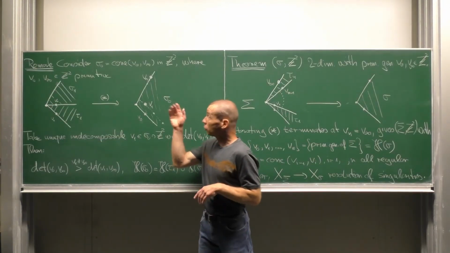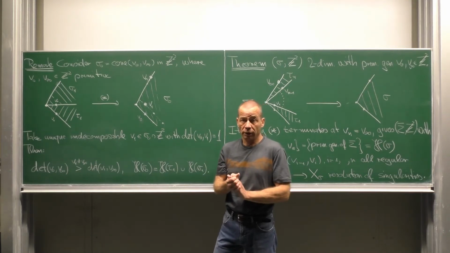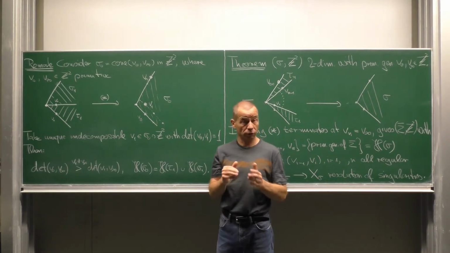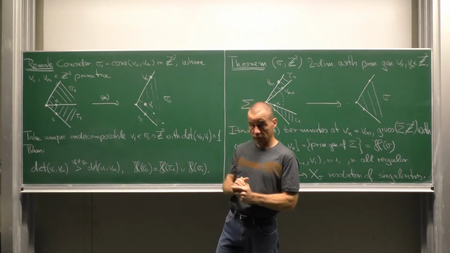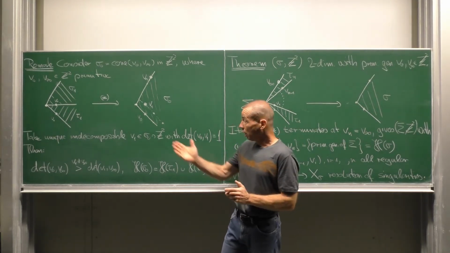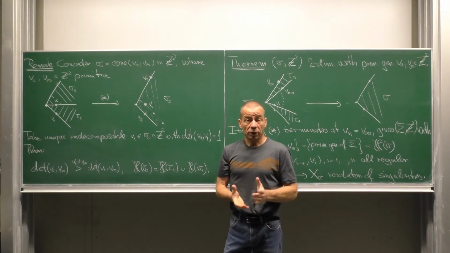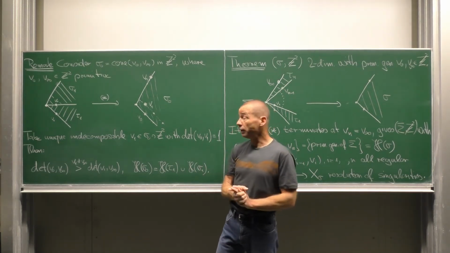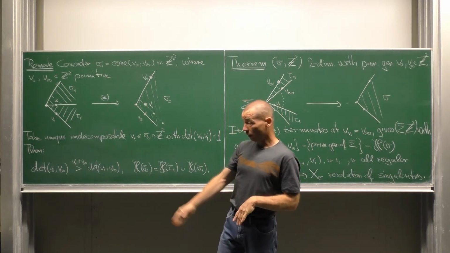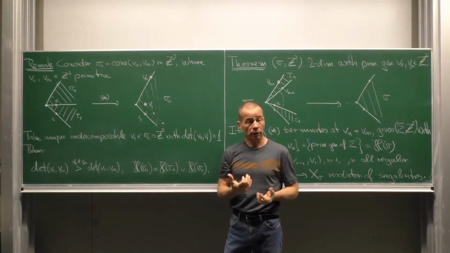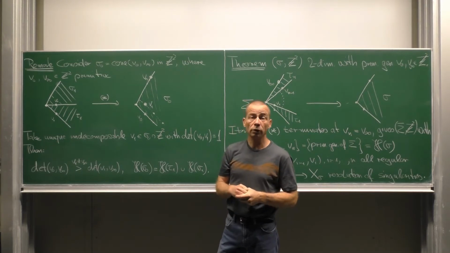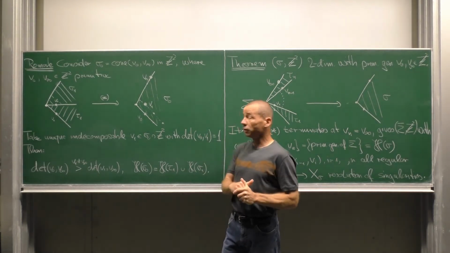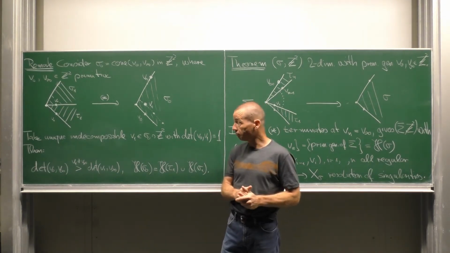Now look more generally at any two-dimensional lattice cone sigma_0 with primitive generators v_0 and v_infinity. From our previous observation we infer that there is a unique indecomposable element in the cone monoid of sigma_0, having determinant 1 with v_0.